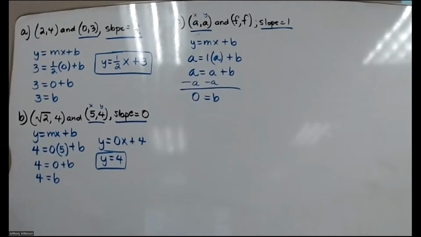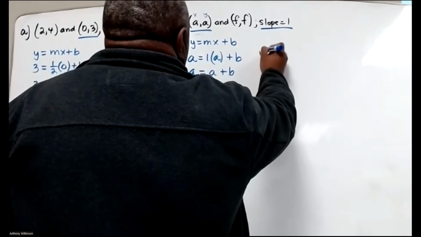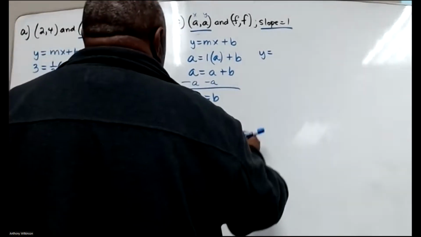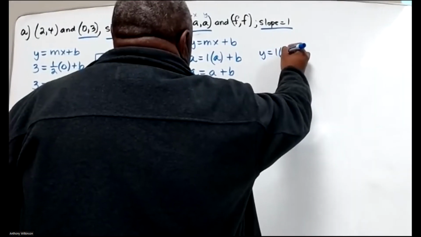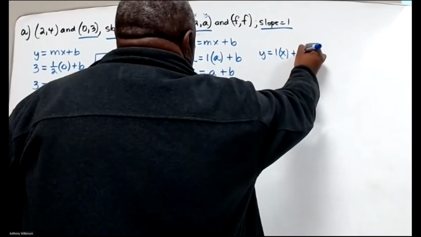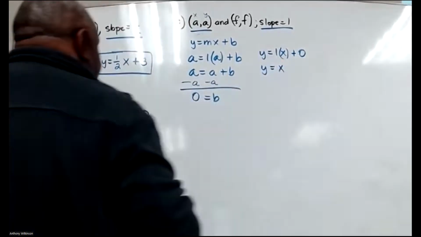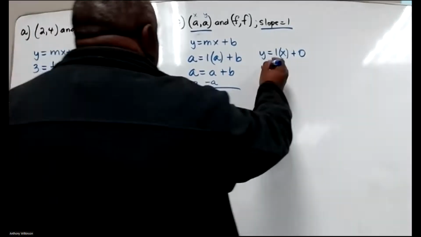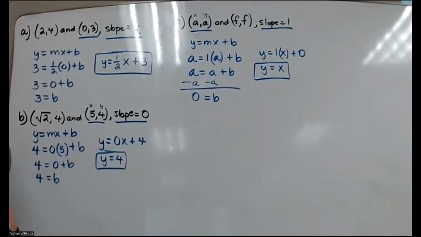And in this case here, using that y equals mx plus b, we just substitute only the slope and the y-intercept in slope-intercept form. So y is equal to 1 times x plus b, which is 0. And 1 times x would just be x. So the equation of that line would be y equals x.